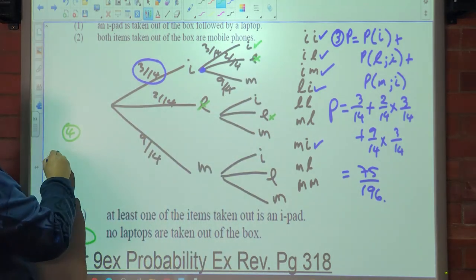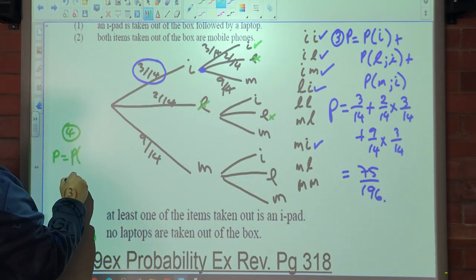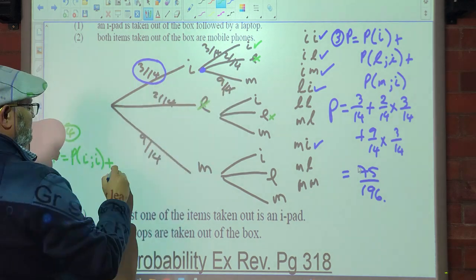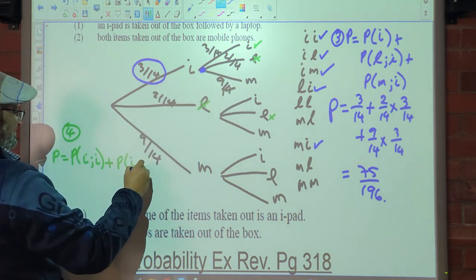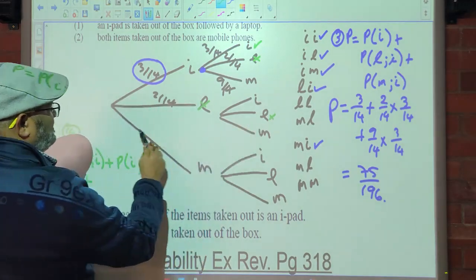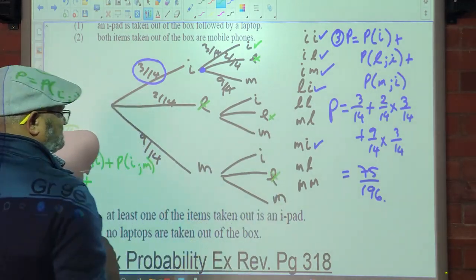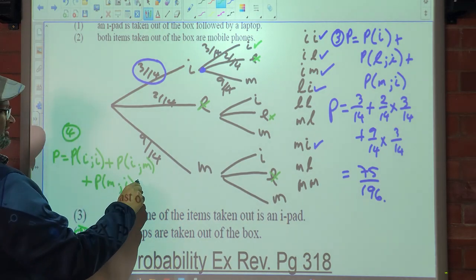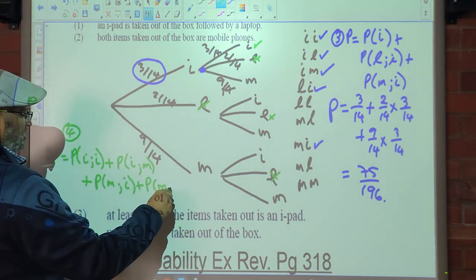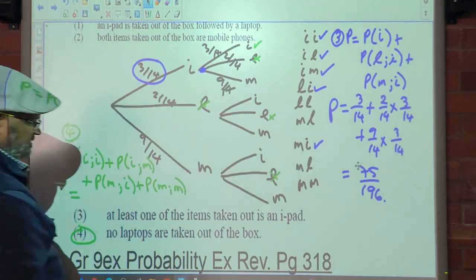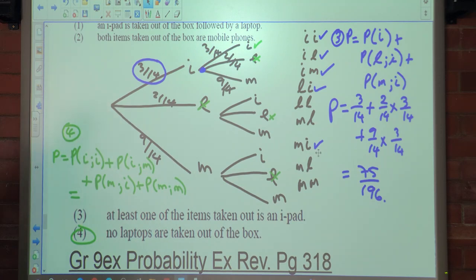So the probability is going to be iPad iPad plus iPad mobile phone plus, that one's completely out, that one's out, so mobile phone iPad plus mobile phone mobile phone. You all okay with that?